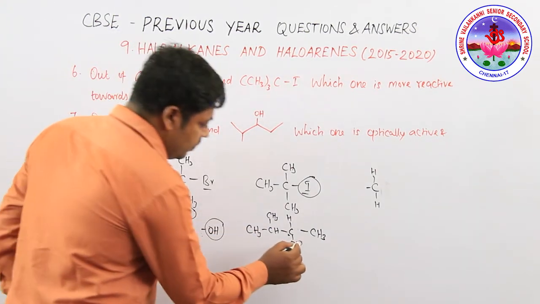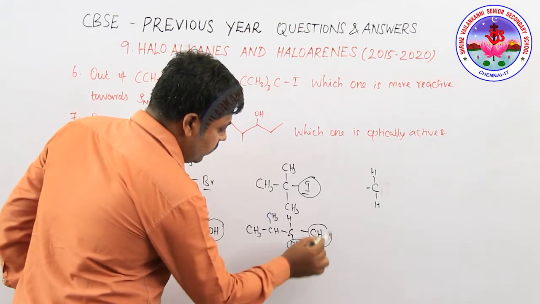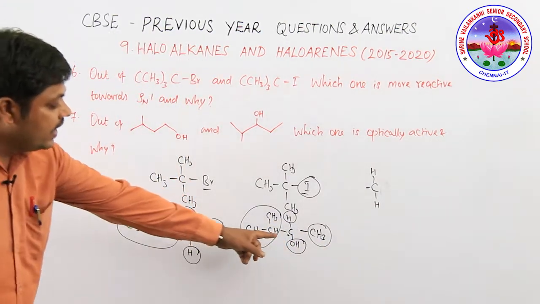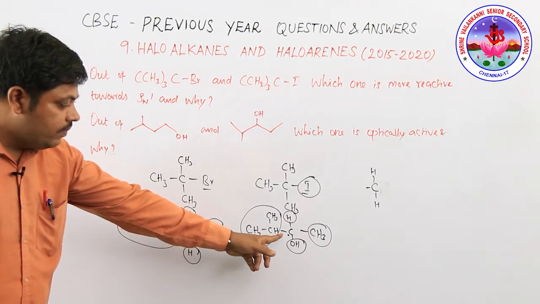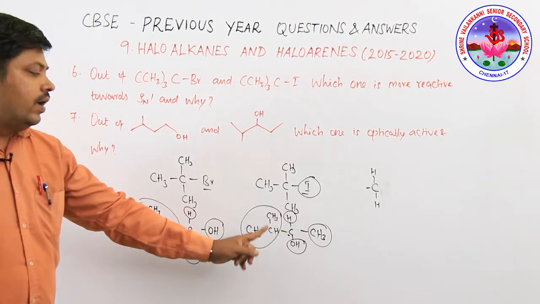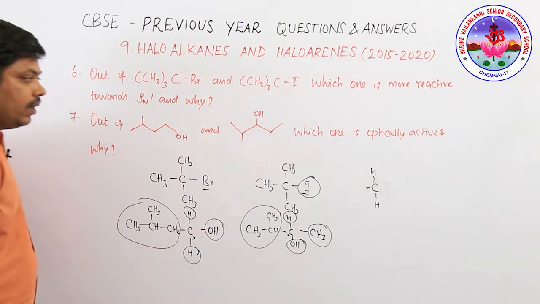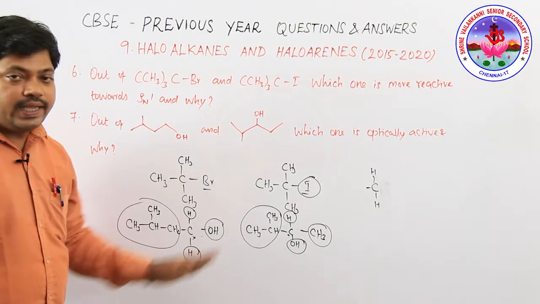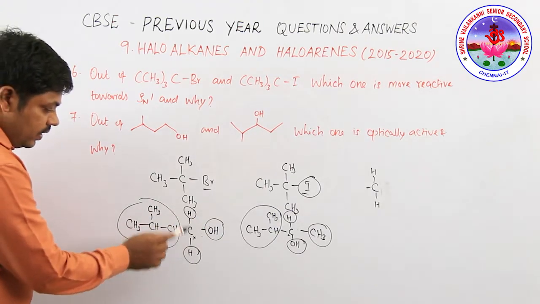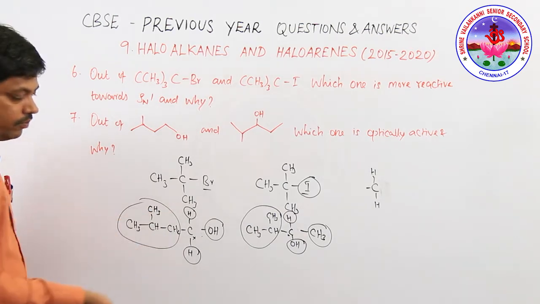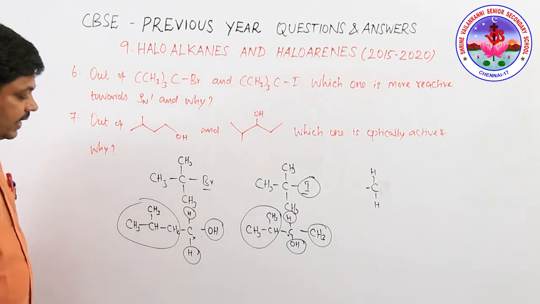Look at this carbon, this is the surrounded carbon. This is called an asymmetric center. The asymmetric center or stereo center is called a chiral carbon. When the compound has a chiral carbon, the compound should be optically active. Here two hydrogen atoms are present, so when the same atom or group is present, that is not considered a chiral carbon.